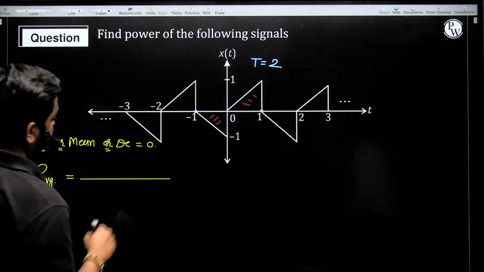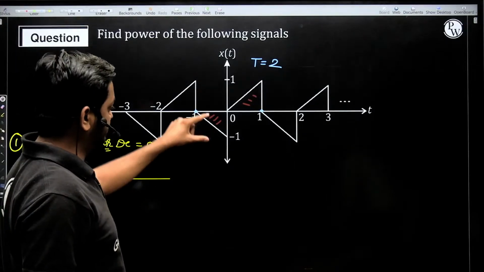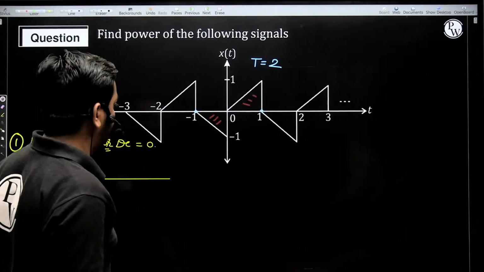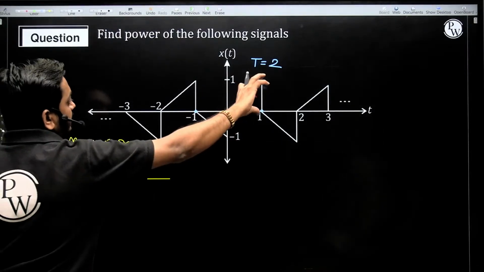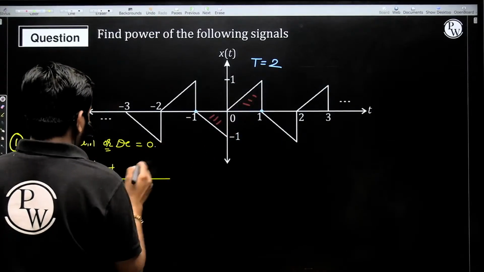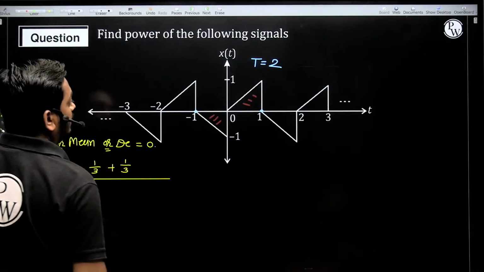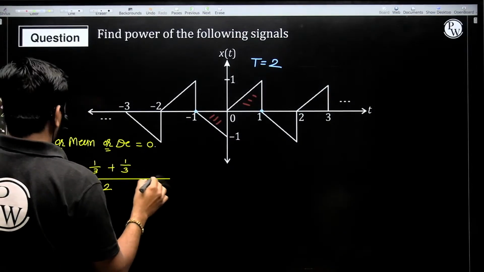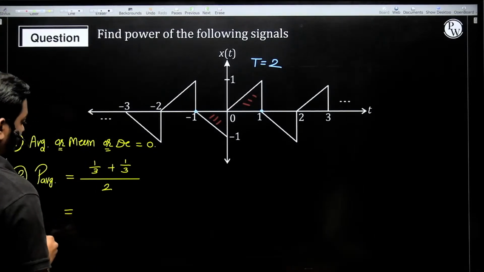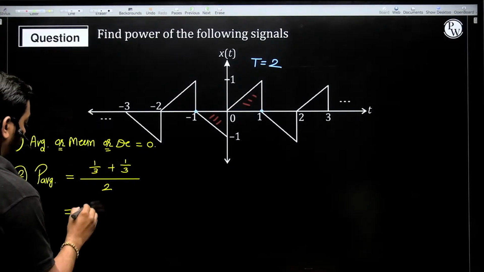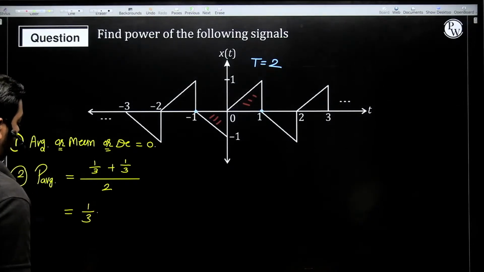So energy of one cycle. So energy of the negative cycle: peak value square into width divided by 3. So it is 1 by 3, plus again here peak value square into width divided by 3. So it is 1 by 3, and the fundamental time period is 2. So it is nothing but 1 by 3, correct? It is 1 by 3, guys.